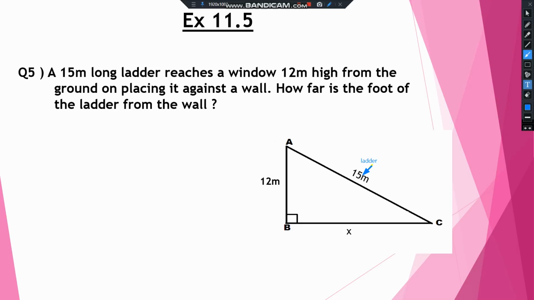And you have this ladder reaching on a wall. So this ladder is reaching 12-meter high on the wall, and it reaches a window. So you can imagine that A is a point where it reaches the window, which is 12-meter high.